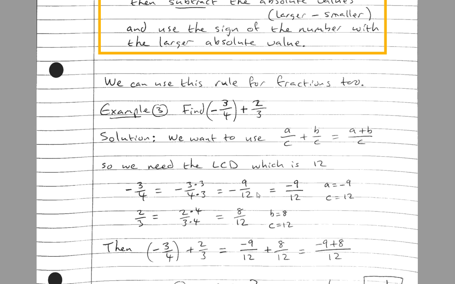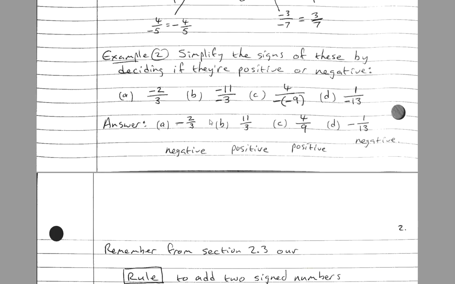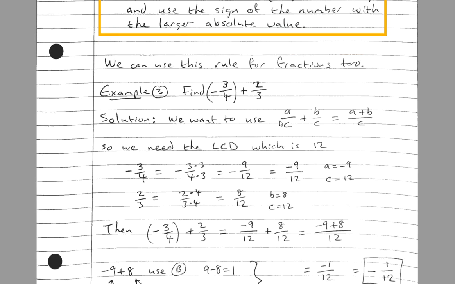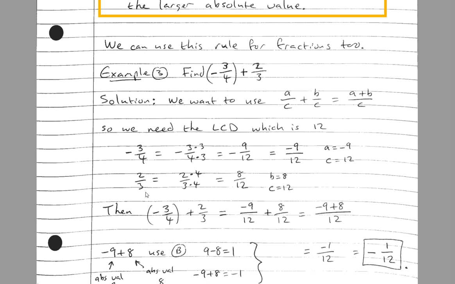Now here, it's useful to write negative 9/12 as negative 9 over 12. So going back to this idea, in our formula, we're going to put in negative 9 for A and 12 for C. Okay, we need 12s here, so multiply by 4.